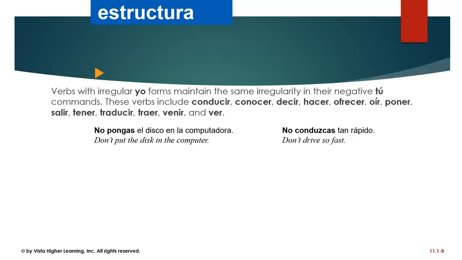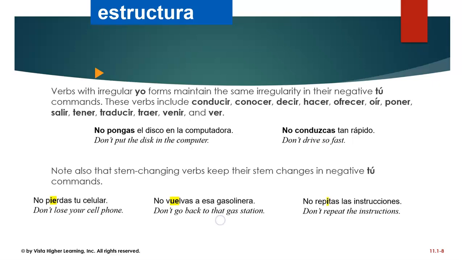Venir, vengo and ver, veo. So these same irregularities, again, we're just going to drop the O and add the new endings. So poner being pongo, no pongas el disco en la computadora, no conduzcas tan rápido. The stem changing verbs are still going to keep their stem changes in the negative tú command. So no pierdas tu celular, no vuelvas a esa gasolinera, no repitas las instrucciones.